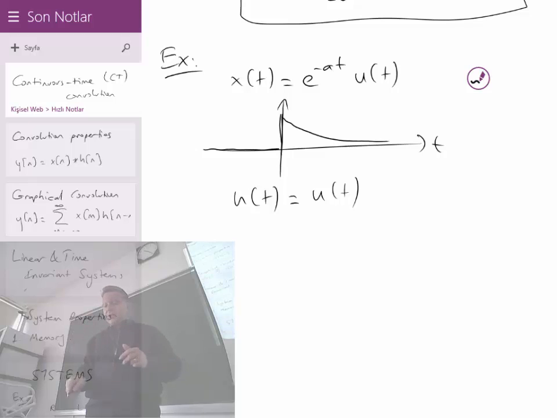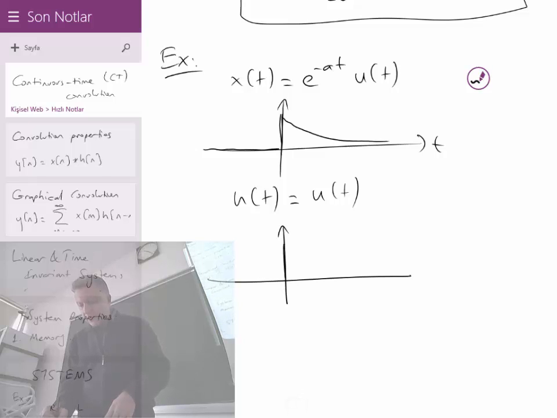You can always say that the input was u of t and the impulse response was e to the minus a t u of t. It doesn't really matter, but it's the same question. So this is the impulse response for our question. And the question is, of course, what is y of t?